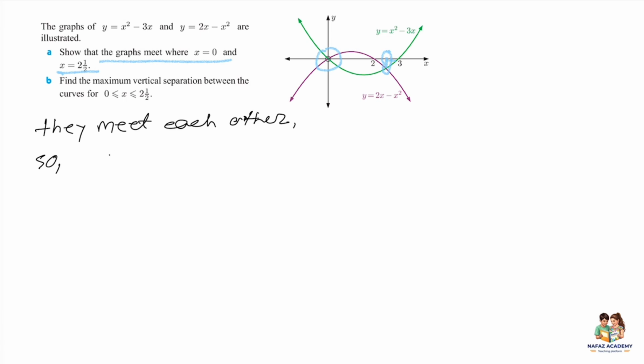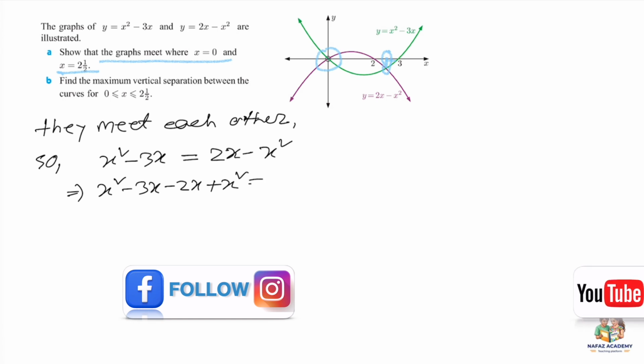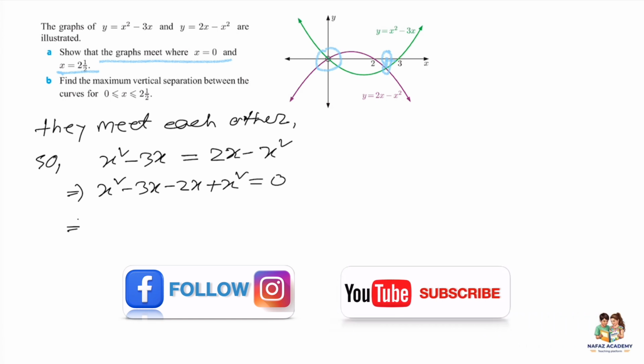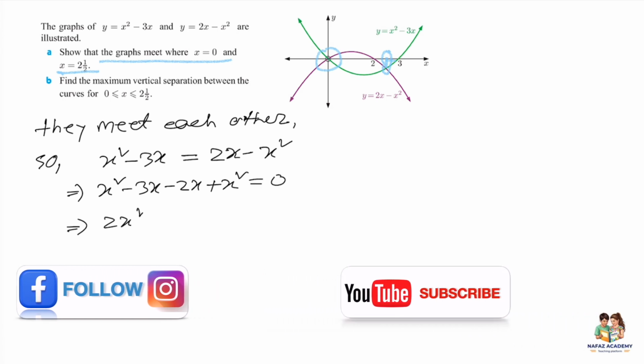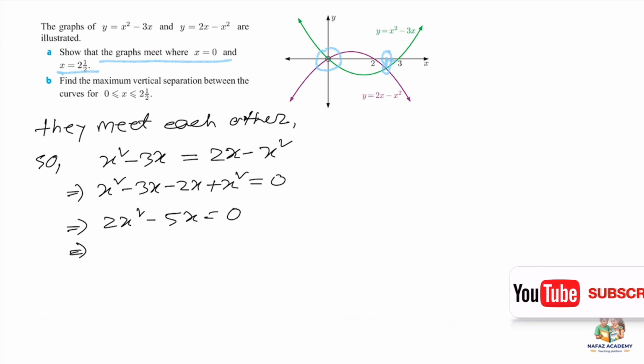If they intersect each other, you can write equation equals equation. So x squared minus 3x equals 2x minus x squared, right? Move the right side values to the left side. Two x squared minus 5x, it is a quadratic equation.